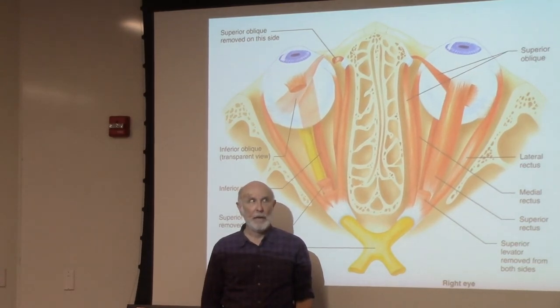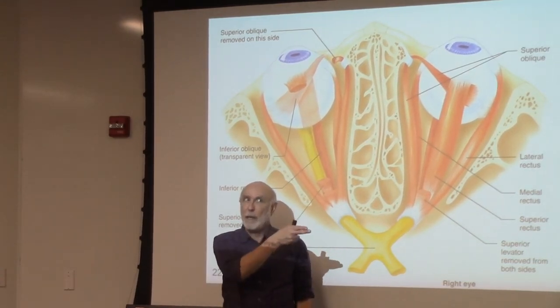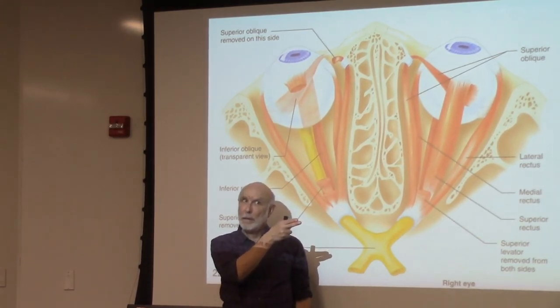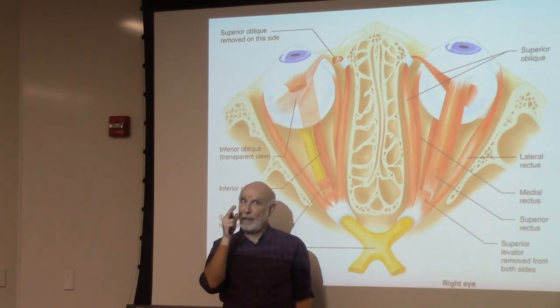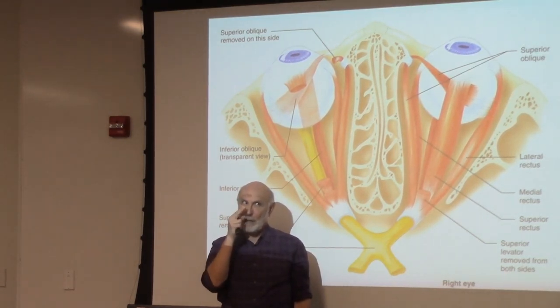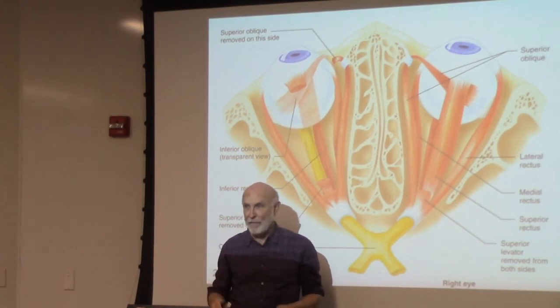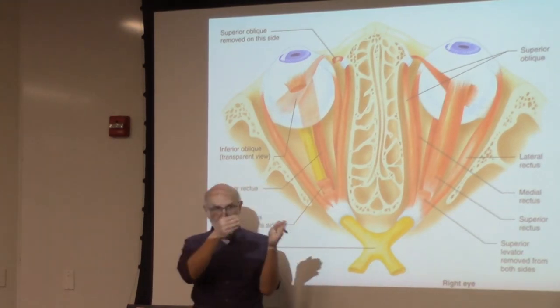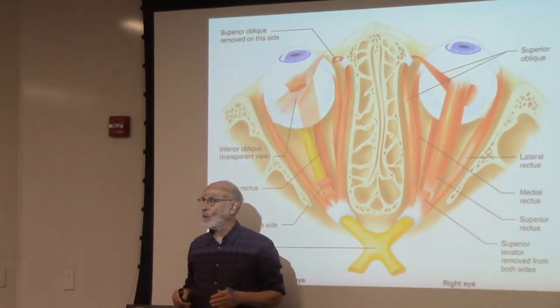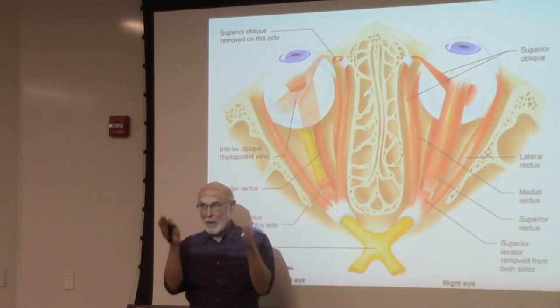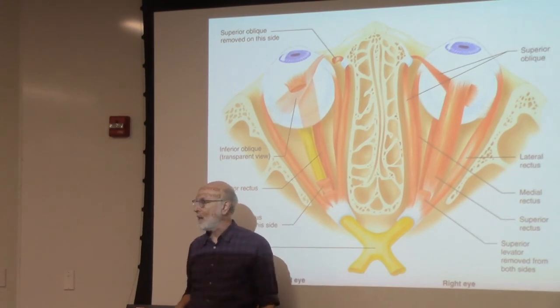So when I look to the left, I am contracting the lateral rectus of the left eye and the medial rectus of the right eye, right? I'm moving my left eye laterally and I'm moving my right eye medially. So we have this circuit for keeping our eyes focused on the same thing. We're not like chameleons where we can move our eyes around any which way. We keep our eyes focused on the same thing.